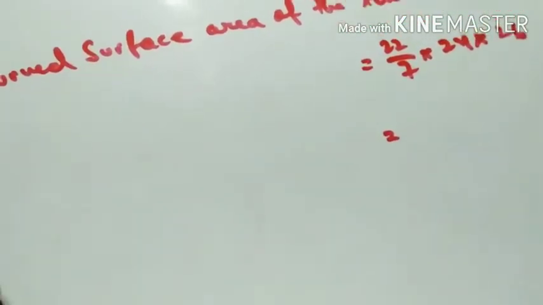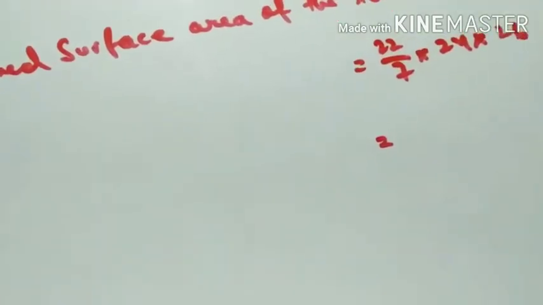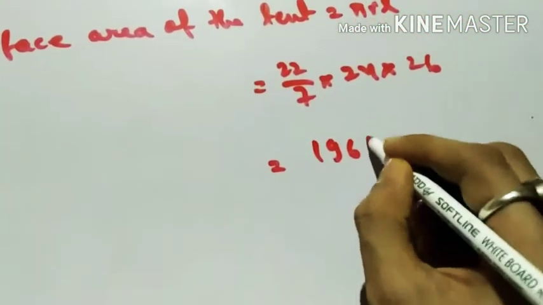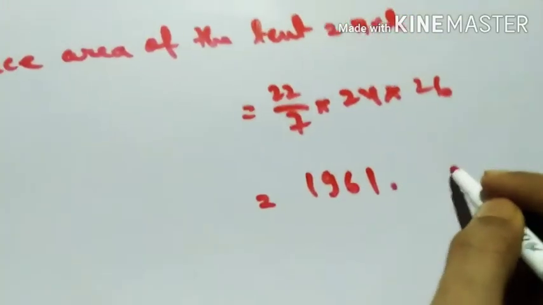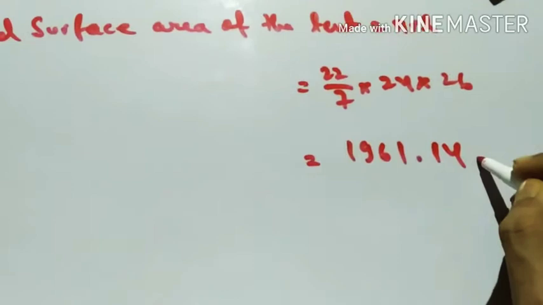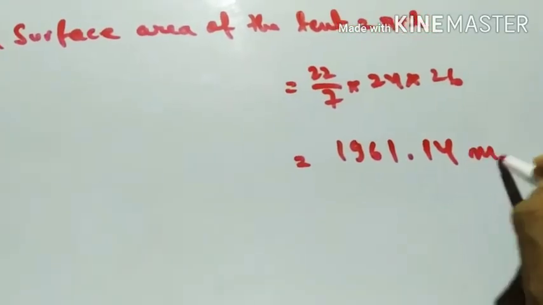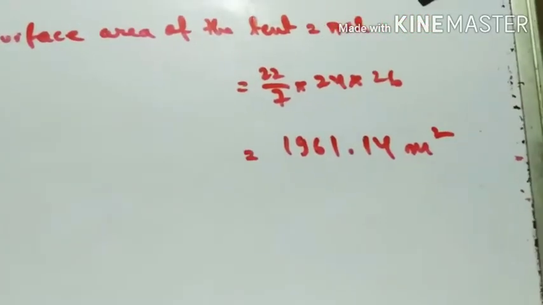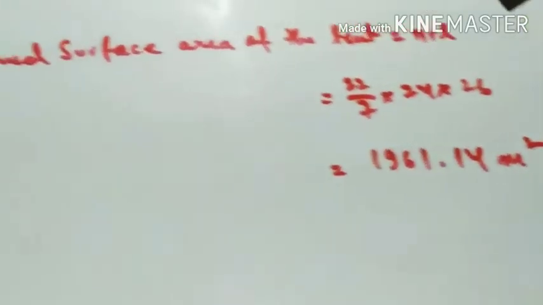22 into 24 into 26 is equal to, I will get 1961.14. Okay, 1961.14 meter square.